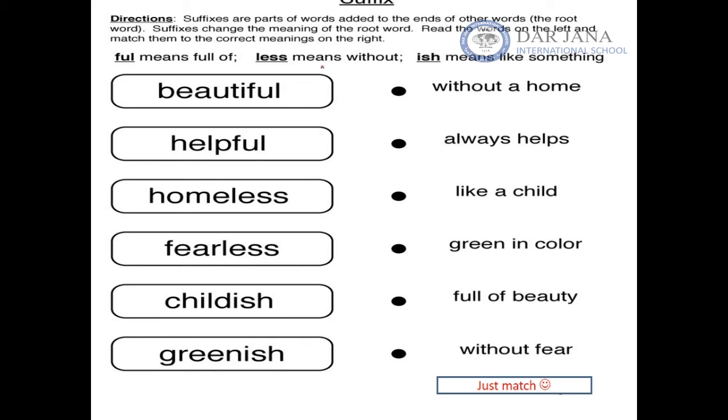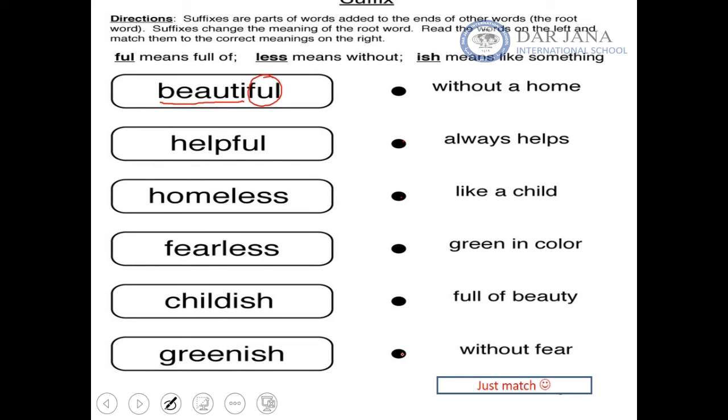Here we have beautiful, and it's got ful at the end. Can you see? So it means it's full of what? Let's take a look at the base word. Does it mean without a home, always helps, like a child, green in color, full of beauty, or without fear?